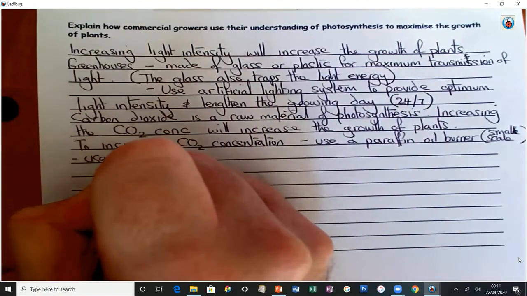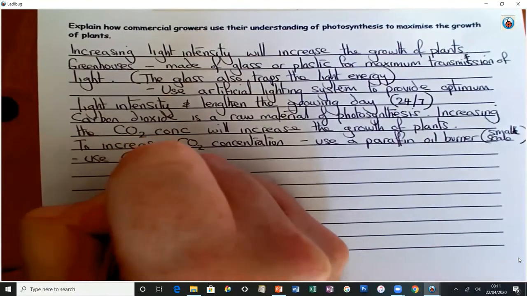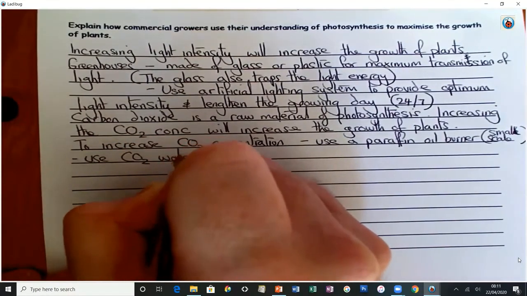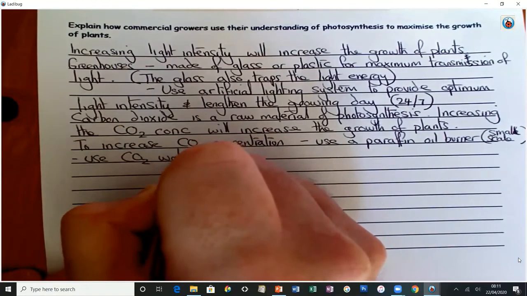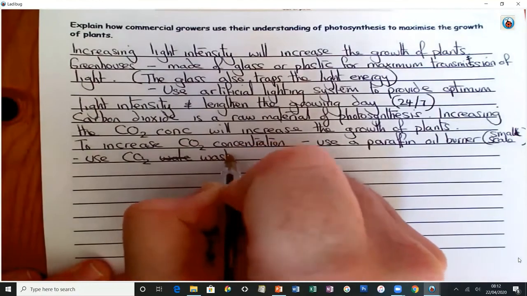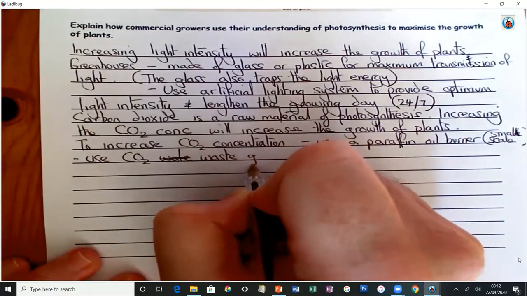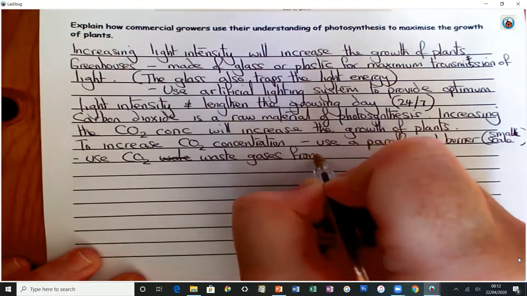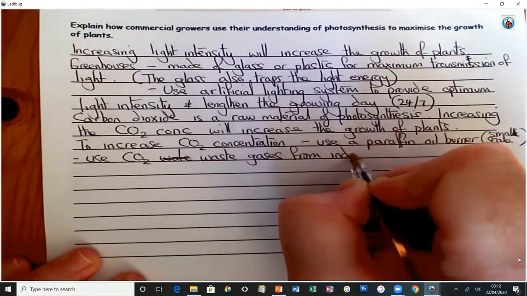Use carbon dioxide waste gases from industrial processes.